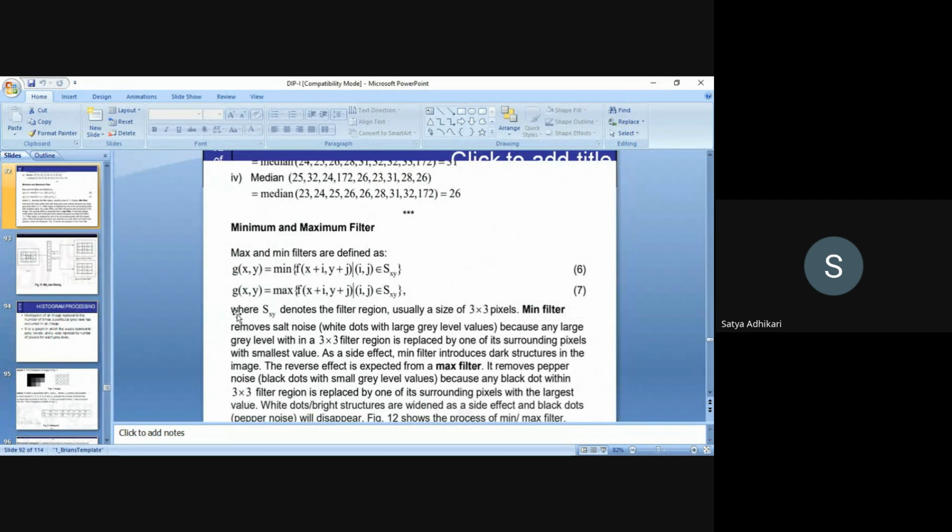Similarly, the max filter removes pepper noise, or black dots with small gray level values, because any black dot within that filter will be replaced by a brighter one, because it takes the greatest one.